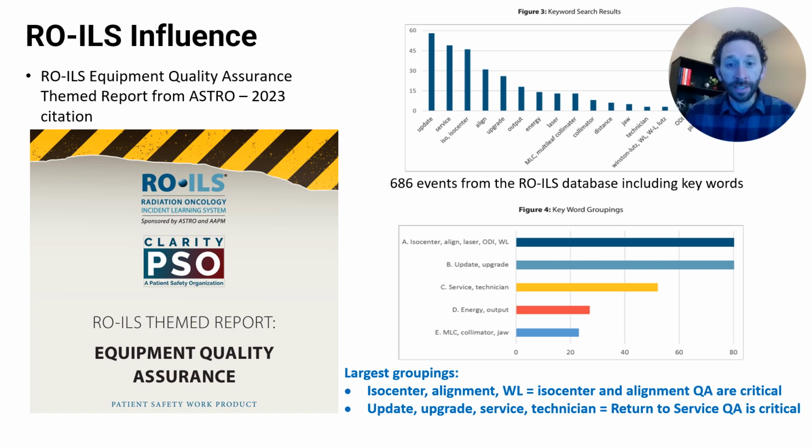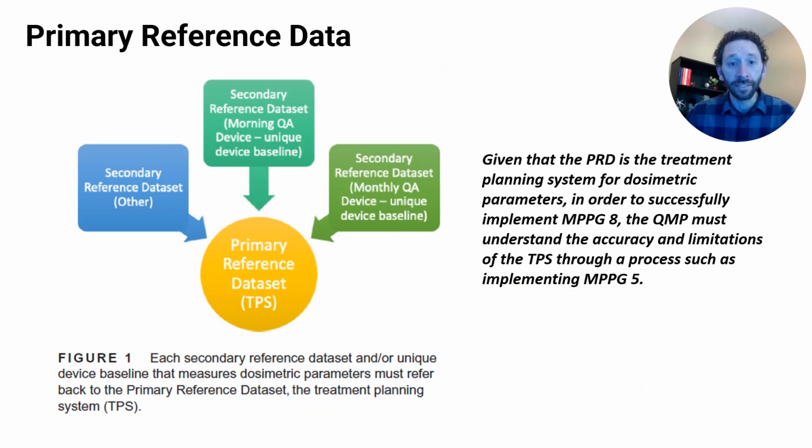Restating this slide, the largest source of events from an equipment quality assurance perspective in the RO-ILS database had to do with errors associated with updates, upgrades, service, and technicians. So what does your return to service protocol look like? That was a big influence on some of the tests that are done in this guideline.